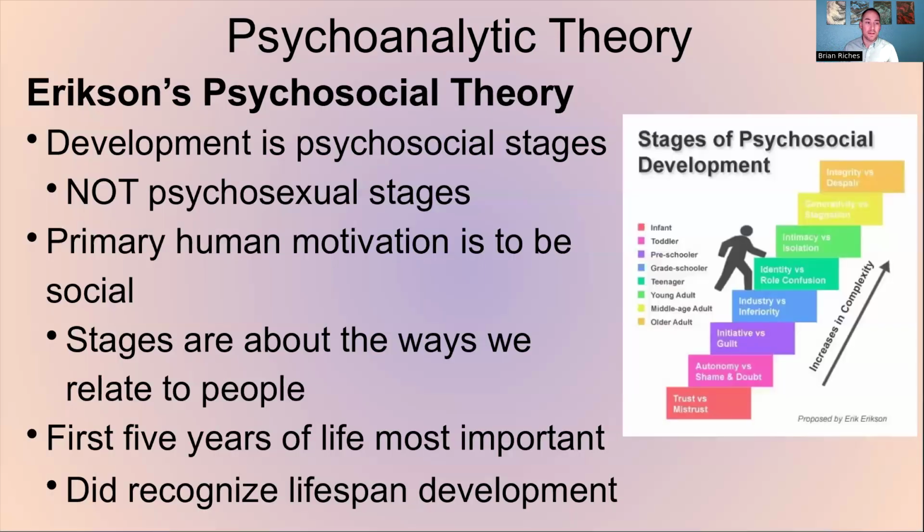So other psychoanalytic theorists that we'll even talk about throughout this course are Erikson. Erikson talked about them not as psychosexual stages, but talked about life developing through psychosocial stages, that our interactions with other people gave us unconscious drives that led us to try and get through different crises through life. So things like trust versus mistrust earlier on in life, in adolescence, identity versus being confused about your roles in the world, to in later adulthood, have you lived a life of integrity or are you despairing because you did not?